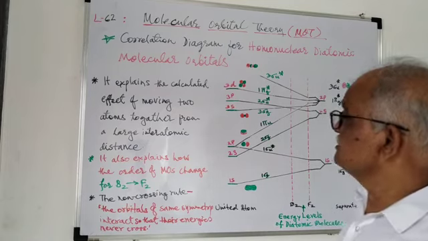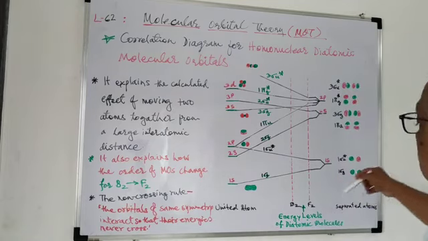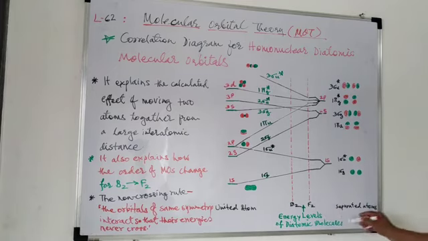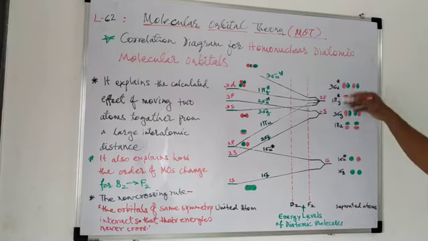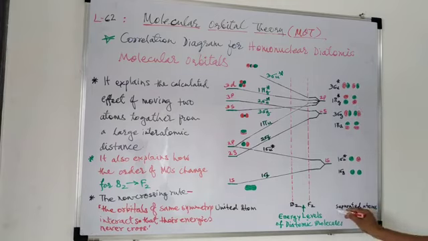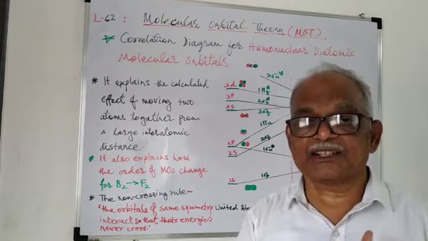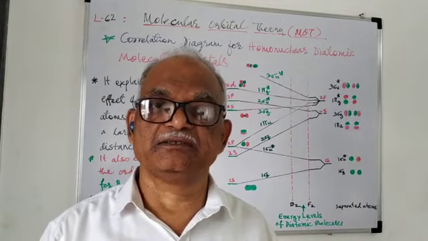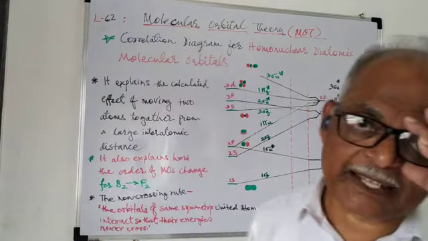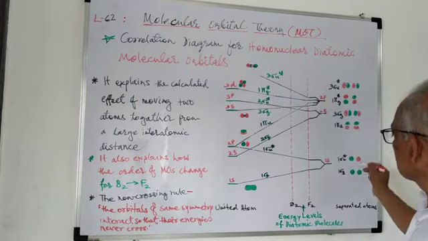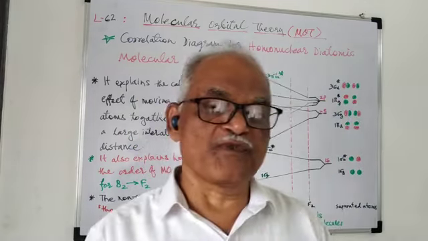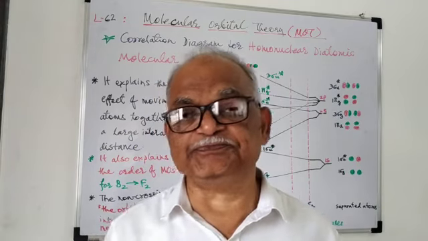If you see the diagram, we have shown the atomic orbitals when the two atoms are separated from each other, meaning they are at a larger distance than the interatomic or bond distance. In such a case there is no interaction between these atomic orbitals and no formation of molecular orbitals.